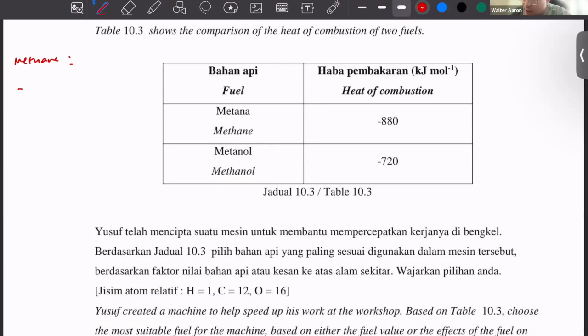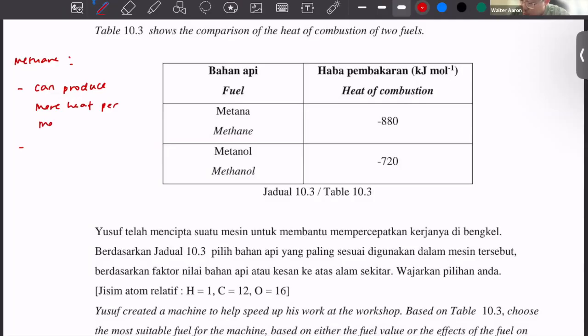So you can say here, methane can produce more heat per molecule. That's one of it. Or you can say here, produces more heat energy per gram, or per gram, because it says here per mole.